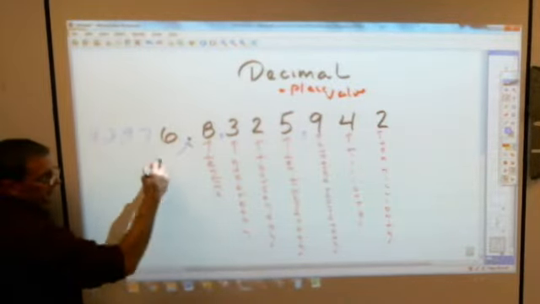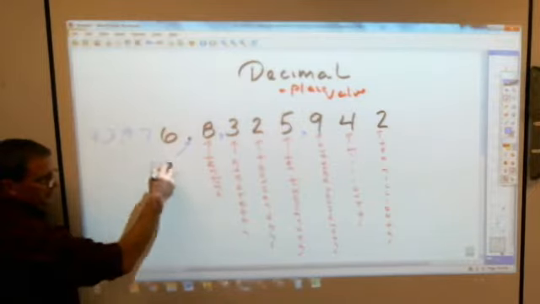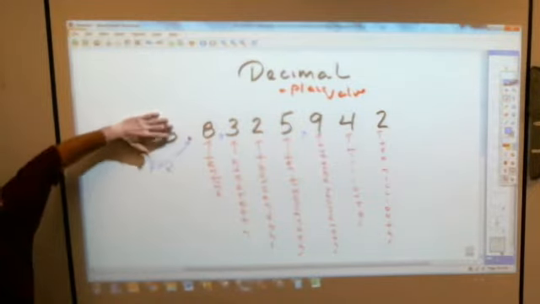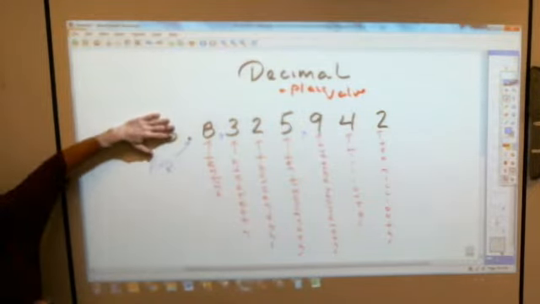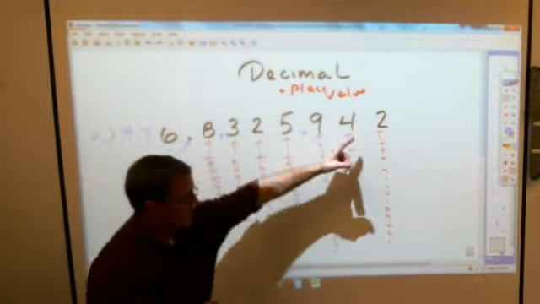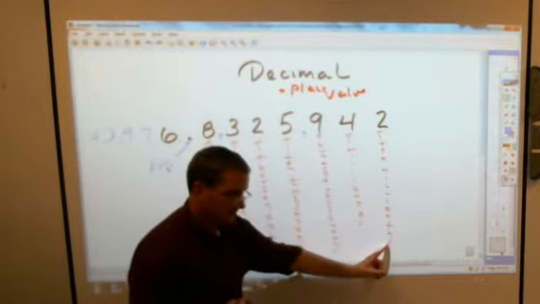The decimal point, we always say the word and. When you read the rest of that number, you read it like it's a whole number. If I were reading that number, it would be 8,325,942. The only difference is when it's a decimal, you have to say what place value that last digit is in.